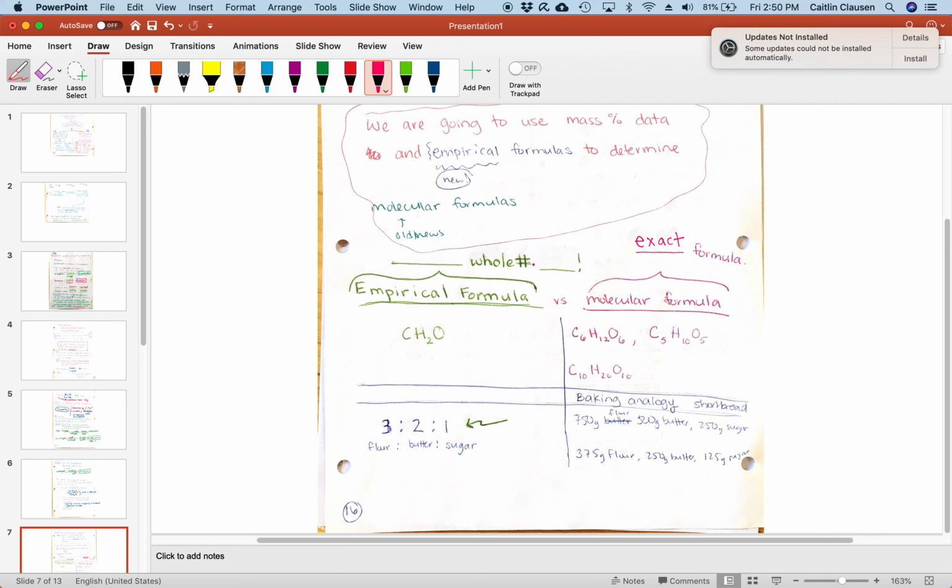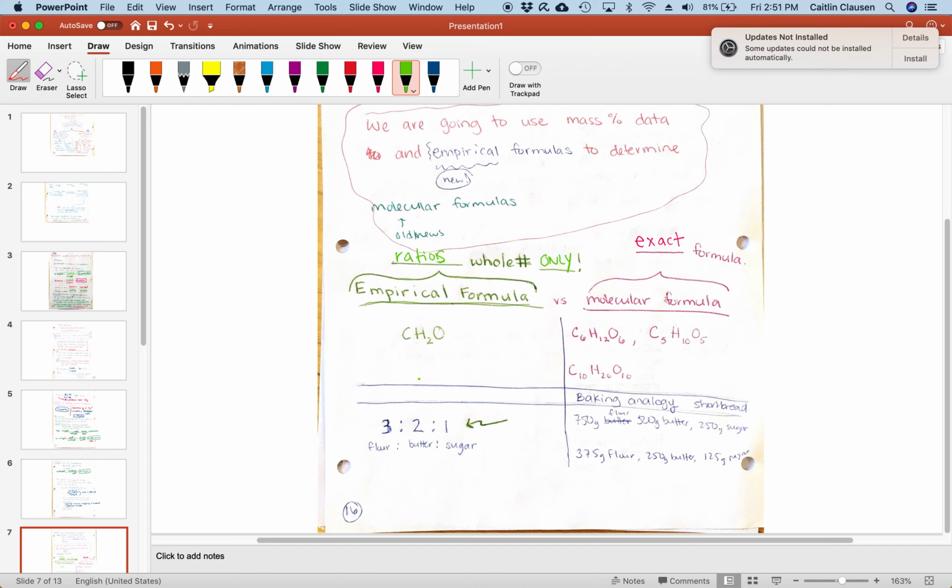Empirical formulas tell you ratios, and they're only whole number ratios.